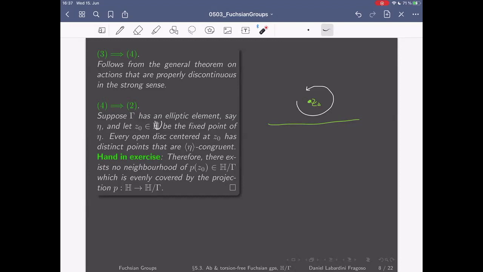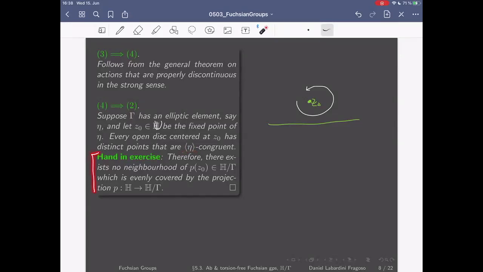The statement here is that every open disk centered at Z0, maybe an open disk like that, or maybe a smaller one, contains some points that are sent to each other by this group, so distinct points which are eta congruent.